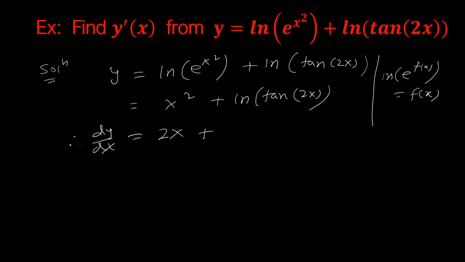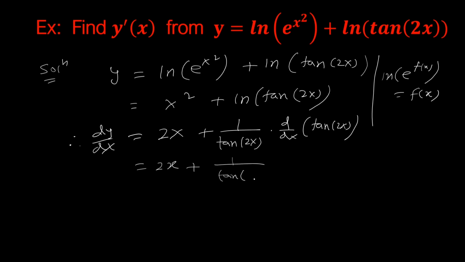So therefore dy dx is equal to 2x plus, for the ln, 1 over tan 2x, and then the derivative of tan 2x. The derivative of tan 2x will be secant square 2x, and then the derivative of 2x, which is 2.